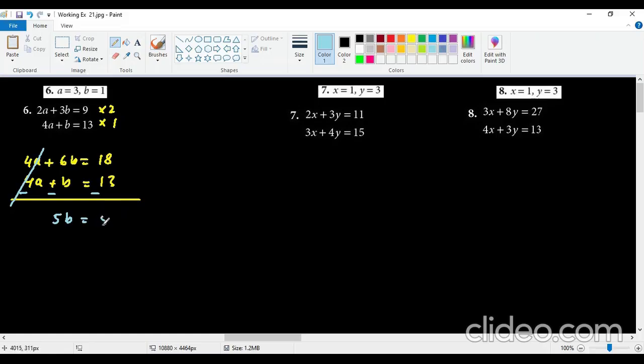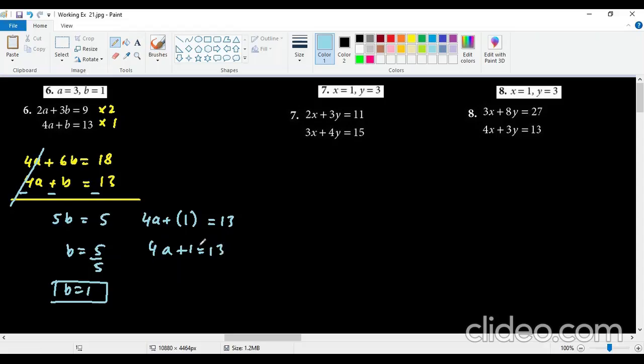That means 5b equals 5. So in simple words, b equals 5 over 5, which is b equals 1. And I can choose any equation I feel like. I am writing 4a plus b, the value of b is 1, equals 13, and 4a equals 13 minus 1.